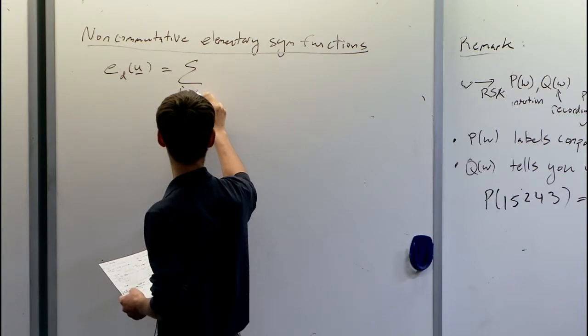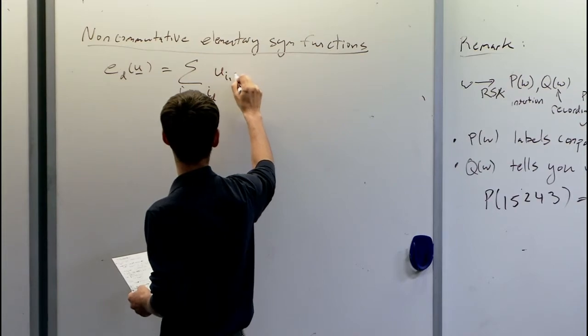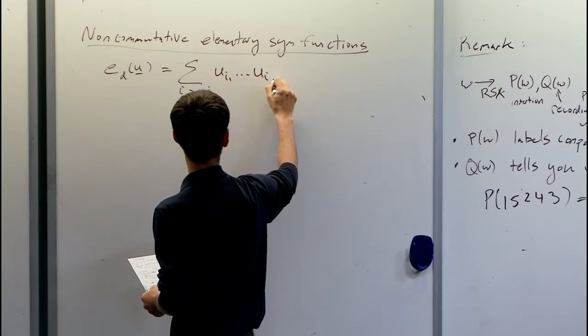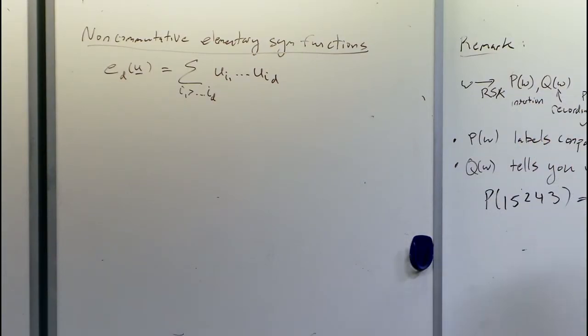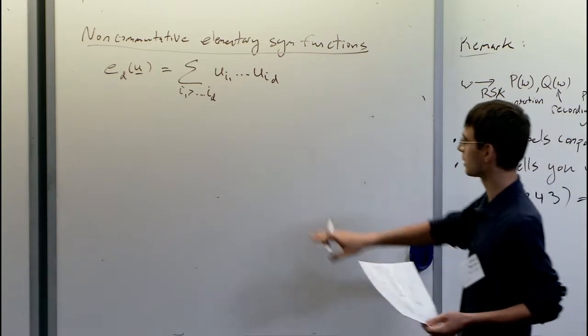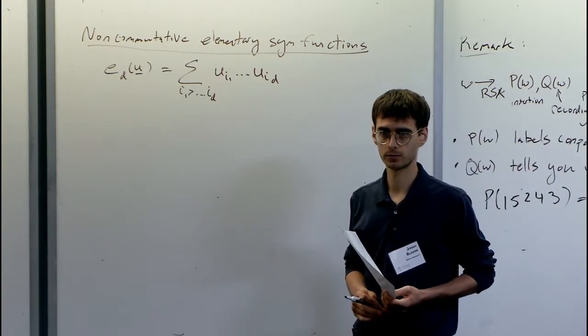The sum over U_i1, U_i2. So basically it's a sum over decreasing words of length D. Okay, so this is some non-commutative version of elementary symmetric function.